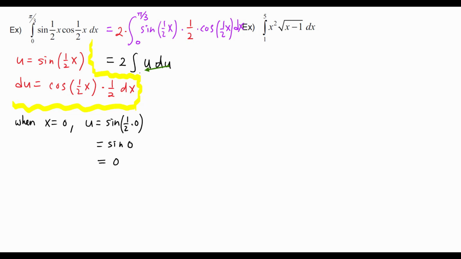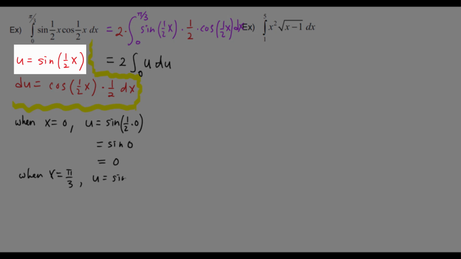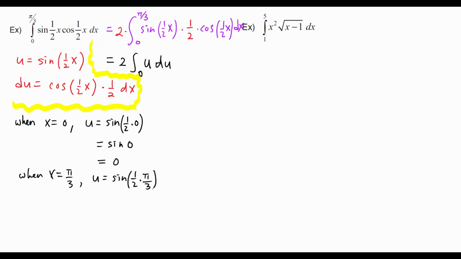So my lower limit is still 0. And when x is equal to the upper limit, that's pi over 3. My u is sine 1/2 times pi over 3, which is equal to sine of pi over 6. And sine pi over 6 is 1/2. So my upper limit became 1/2.